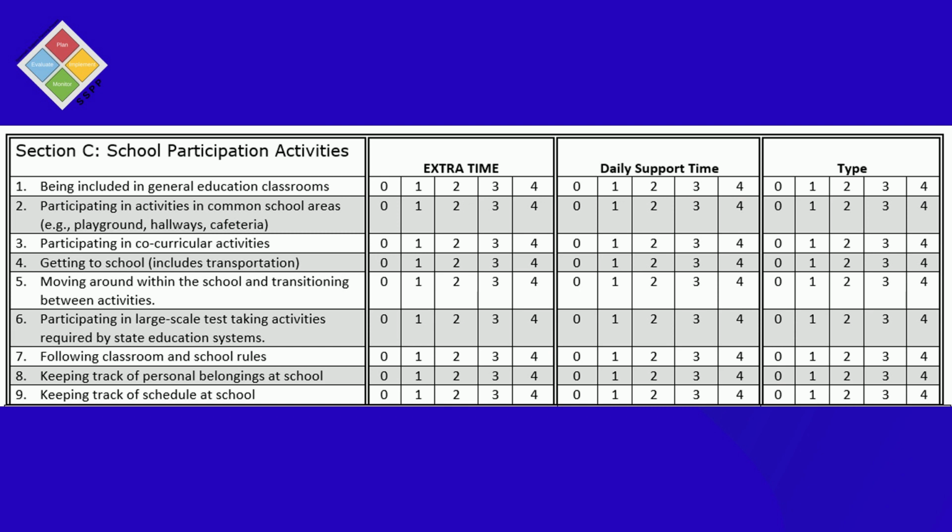Is it possible that a student might have a lower rating on type of support, like a 1, because the student needs monitoring, but a high rating on frequency of support because they need monitoring every time the activity occurs? Yes, that is possible. Also, a student might need monitoring, but only occasionally. In that case, both dimensions would have relatively low ratings. The important thing to remember is to rate each dimension independently. Don't let a rating on one dimension influence a rating on other dimensions.